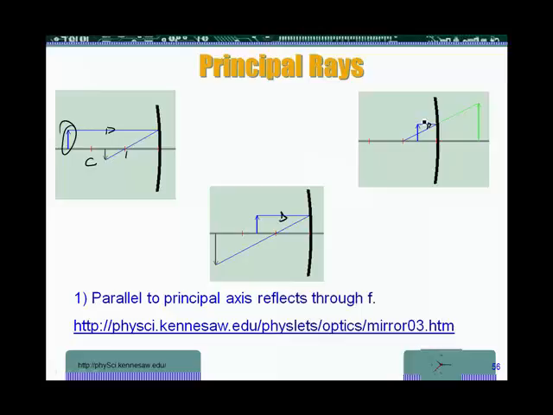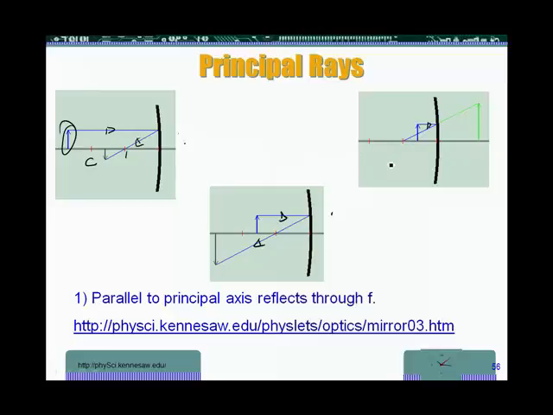Now, what we have learned in the previous screens is that this beam is going to have to pass through the focus. And that's what we see here. The reflected beam is passing through the focus. So it is easy here and here. Now here it's a little more difficult. The focus is in this other side of the object.